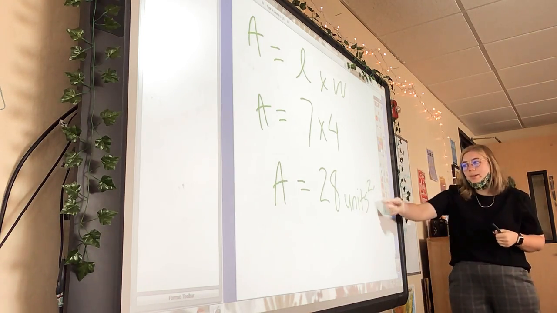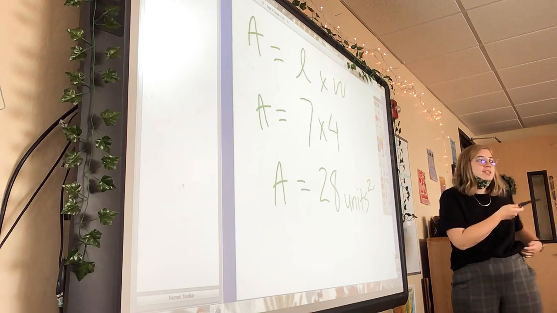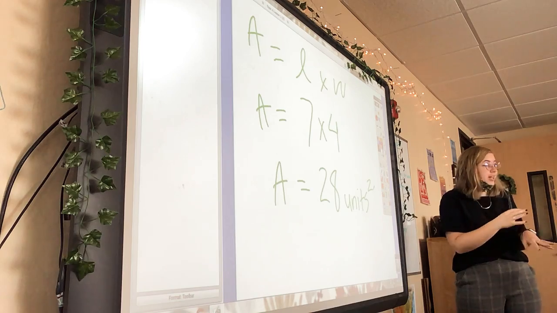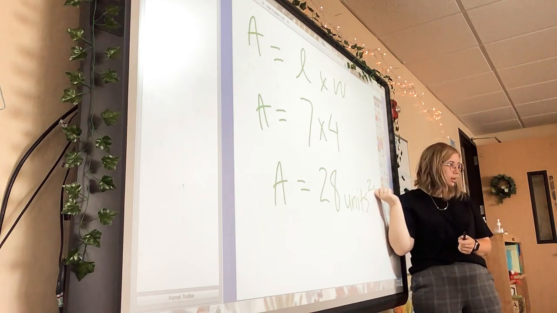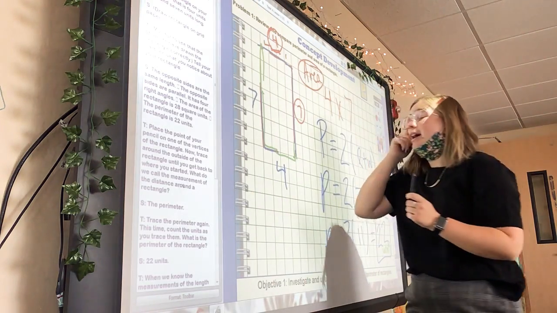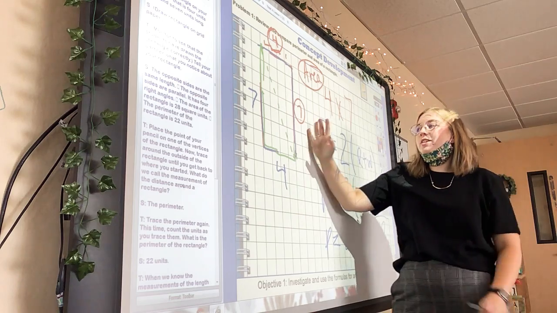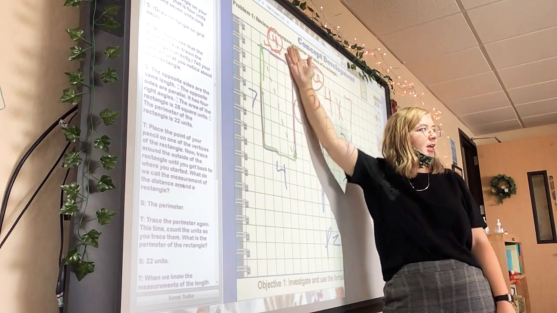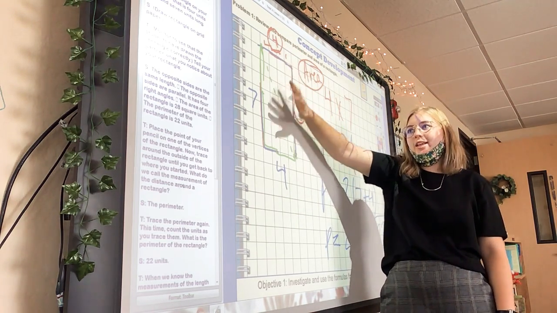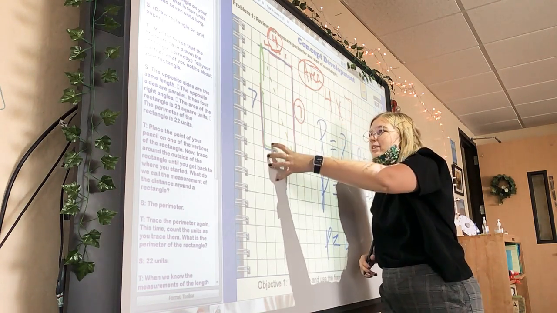Which you guys will talk more about what that is in 5th grade, okay? But your answer for area is not finished until you have this little guy, okay? And the reason being is because of that thing I did earlier, right? We multiplied one side, okay? So squared is kind of showing that all of this together is 28, right?